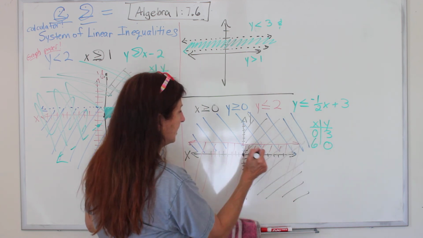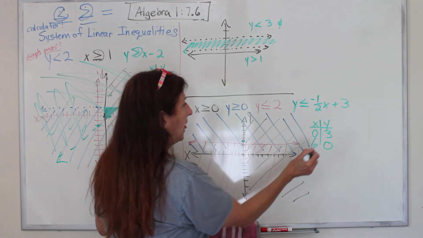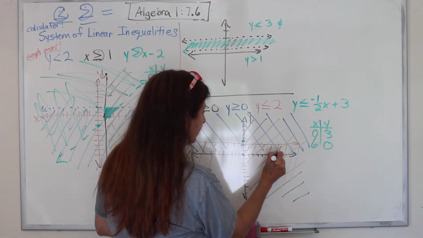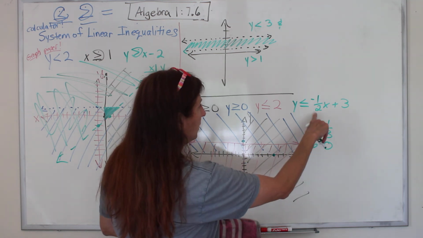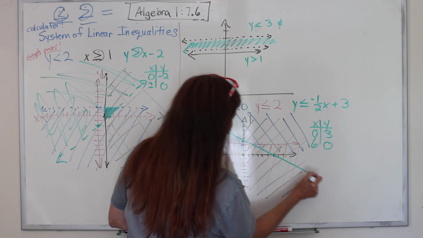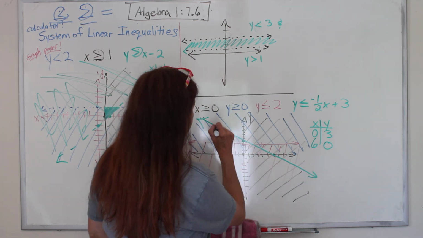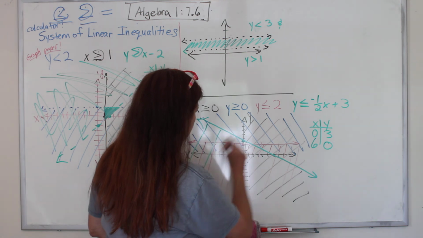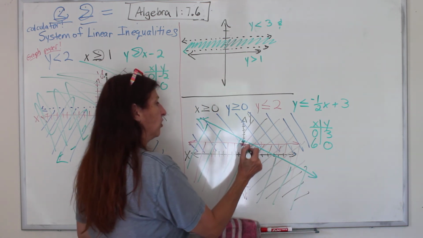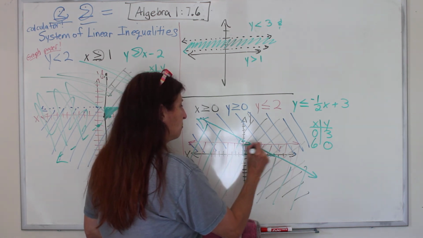If x is 0, y is 3, 1, 2, 3, put a dot. And if x is 6, 1, 2, 3, 4, 5, 6, y is 0. This is or equal to, we draw a solid line, and y is the less than side of this. So the thing that got colored 4 times was that shape right there.